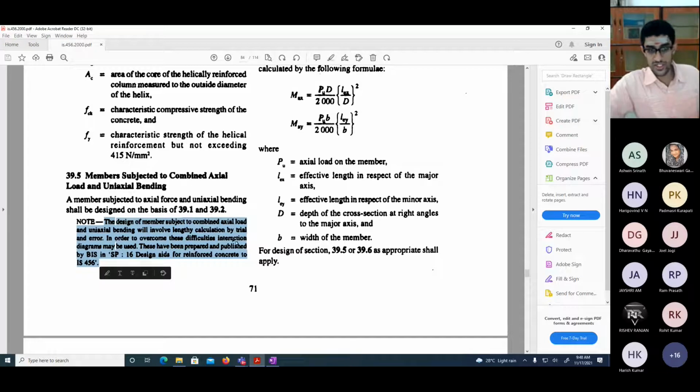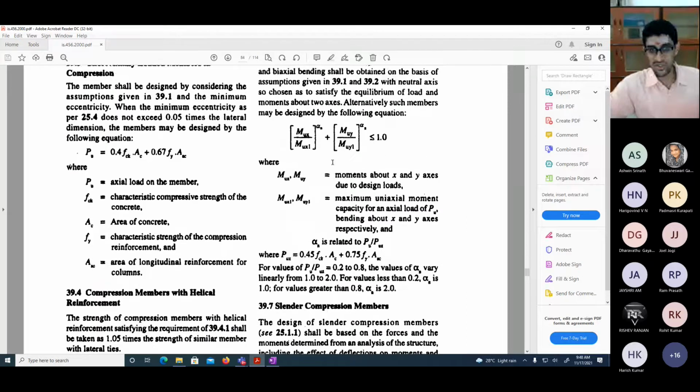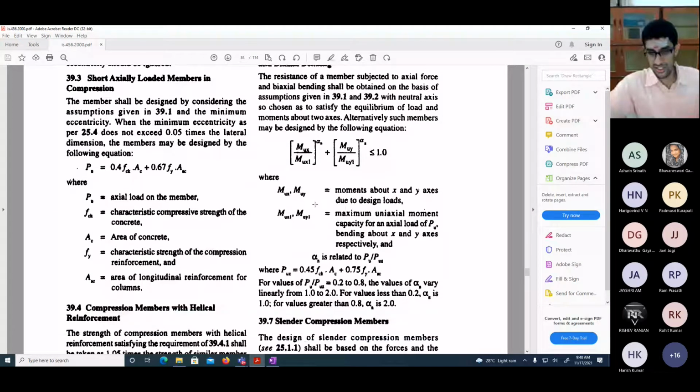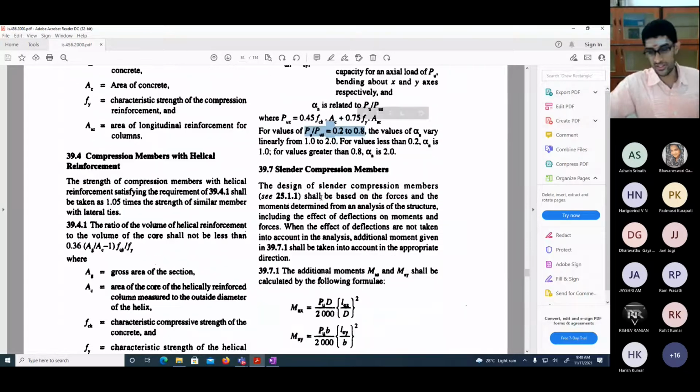In order to overcome these difficulties, interaction diagrams may be used. This is why I said that if you have a bending plus compression problem, go ahead and use SP16 without needing a permission to do so. This thing also we saw yesterday, this interaction formula, the PZ values, the PU by PUZ ranges for alpha, all these things we've seen.